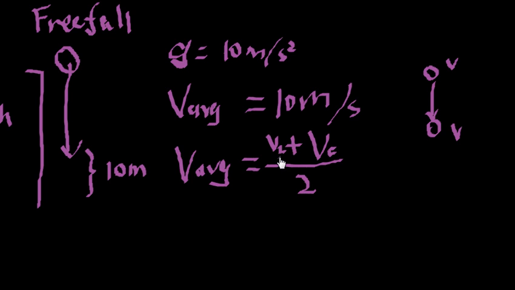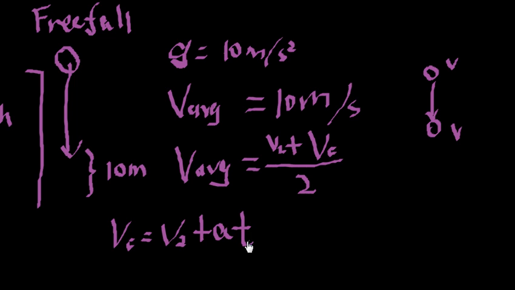The difference between V final and V initial is actually 10, because the acceleration is 10. If you want an equation to justify it, V final equals V initial plus AT. What's T in this case? 1 second, so T is just 1. What's A?